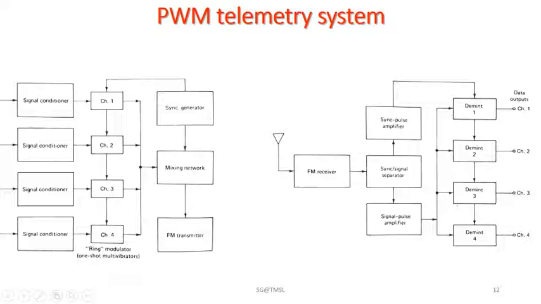Now the width of the square wave output of each of the 4 flip-flops is equal to that of the corresponding signal pulse, and the square wave outputs are then integrated to obtain the 4 physiological data. So that is the receiver function of this PWM telemetry system.